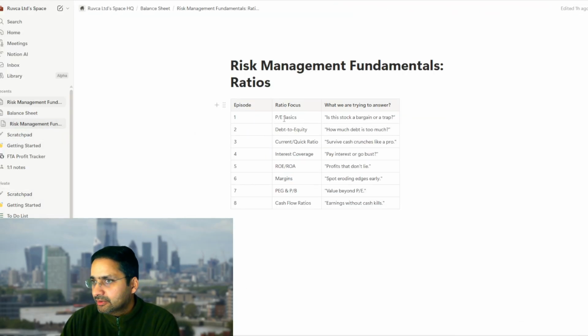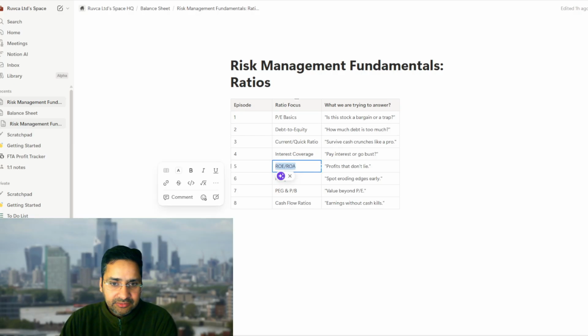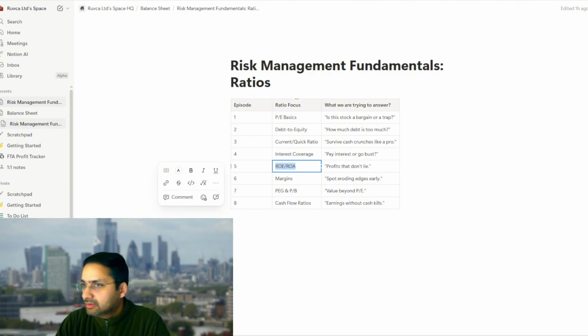Alright, great. So the next thing that we're going to discuss after interest coverage is ROE or ROA, which is return on equity or return on assets. And this is basically a measure of profit.